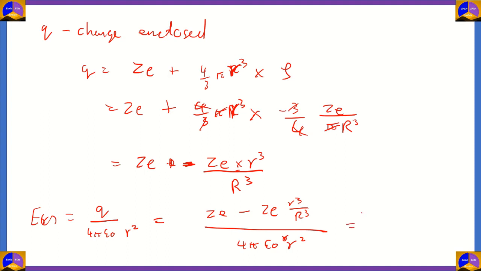So we can take Ze by 4 pi epsilon naught common out. You will get 1 by small r squared, minus small r cubed divided by small r squared gives you small r in the numerator, and then in the denominator there's always capital R cubed. So this formula that we get is the actual formula of the electric field that we need to find out for a radius small r.